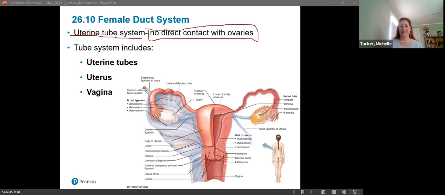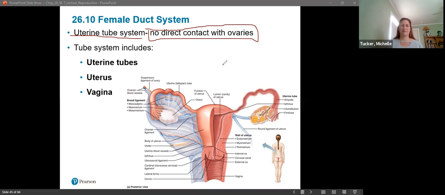Bacteria move pretty rapidly, and they can move up through the uterine tubes and then into the pelvic cavity, which causes pelvic inflammatory disease. So STIs are much more serious in females. Not that they're not serious in males, but it can cause infertility and more of a widespread infection.